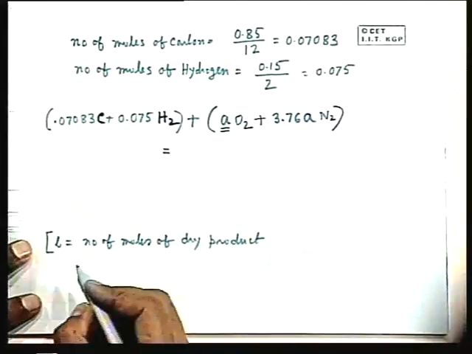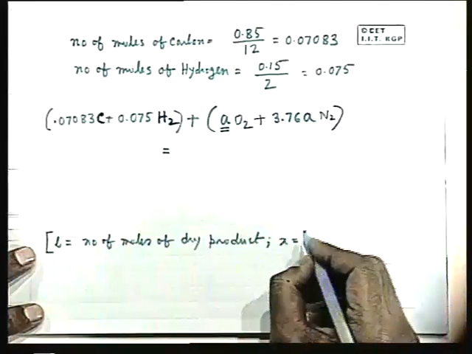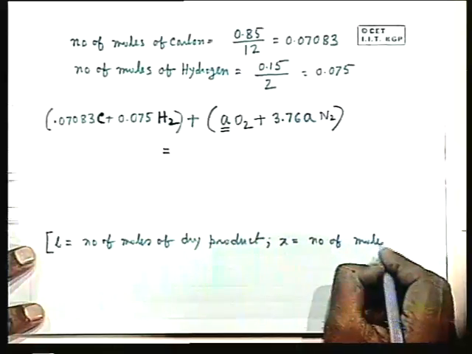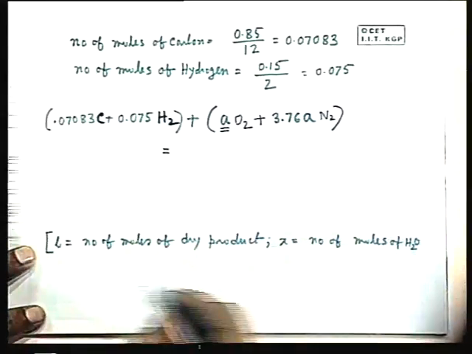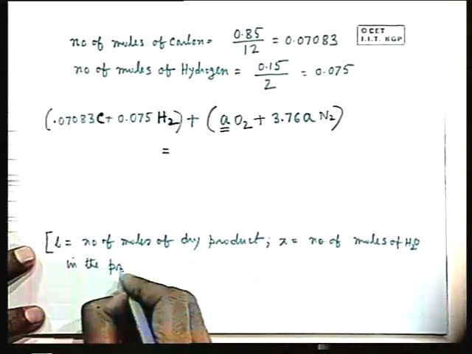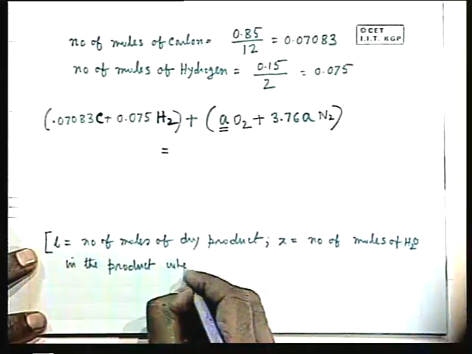And X is the number of moles of H2O in the product when dry air is supplied. First write this thing, otherwise you will not understand the equation.